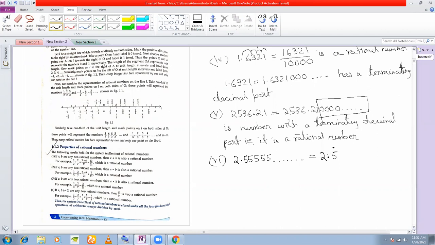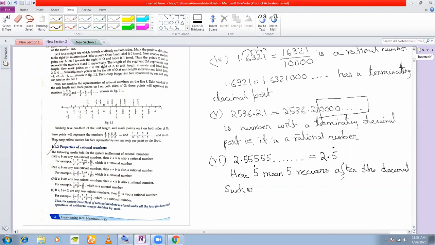Why is this dot given? This dot is given to show that 5 is recurring after the decimal. 5 dot means 5 recurs after the decimal. Such a number is always a rational number.